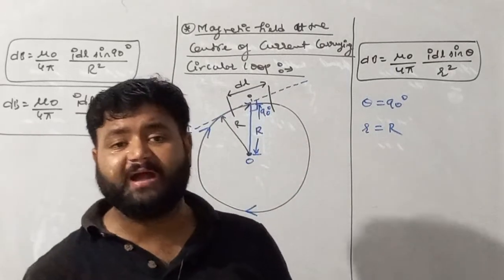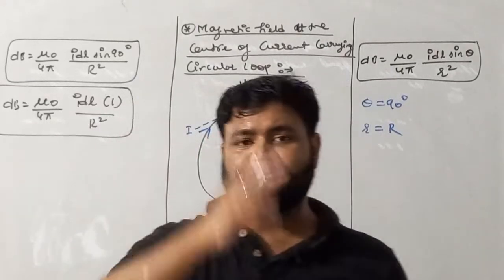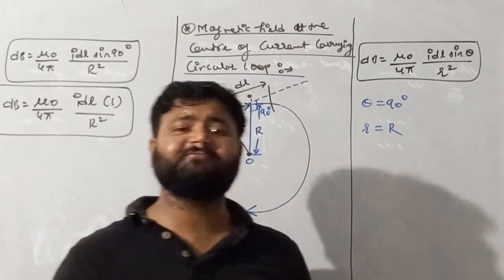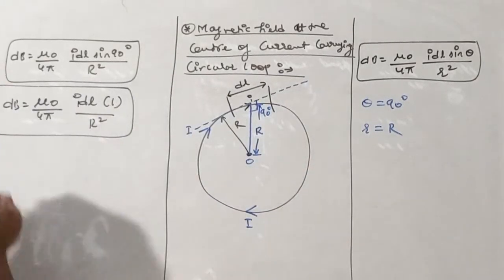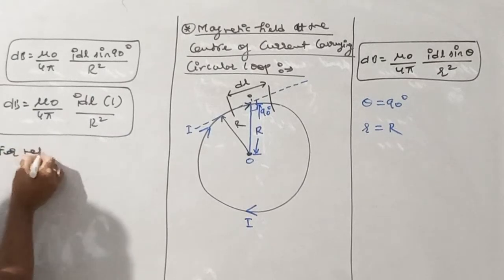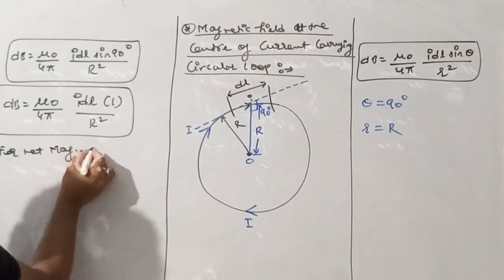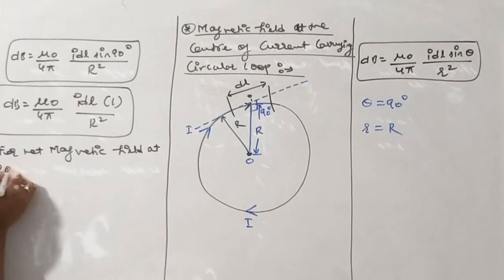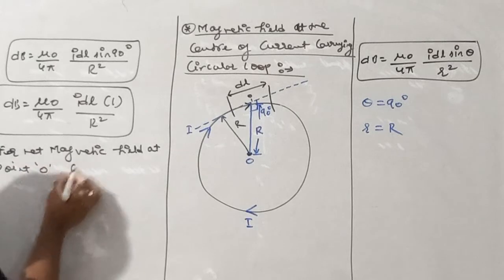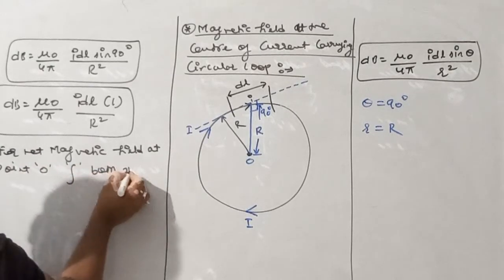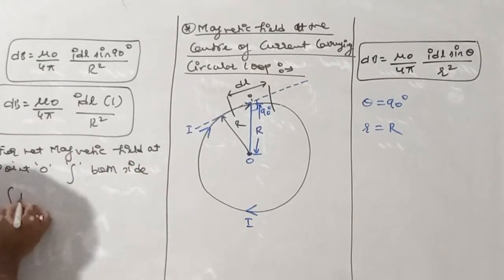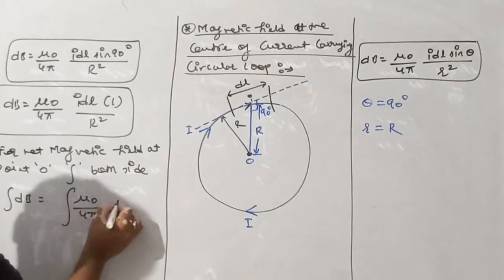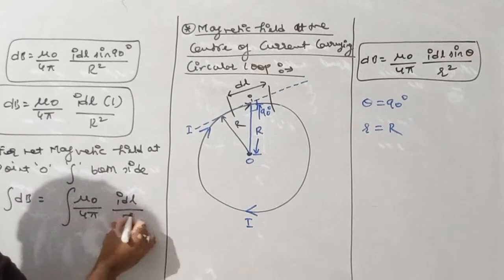Now if we wish to find the net magnetic field due to the whole current carrying circular loop at the center, we have to integrate this. So I am writing here, for the net magnetic field at point O, integrating both sides. So integration of dB is equal to integration of mu naught upon 4 pi, I dl over r square.